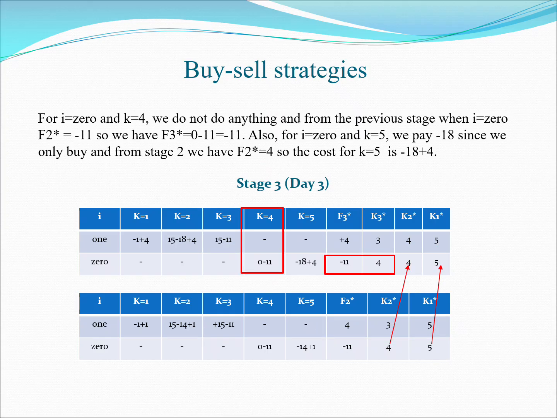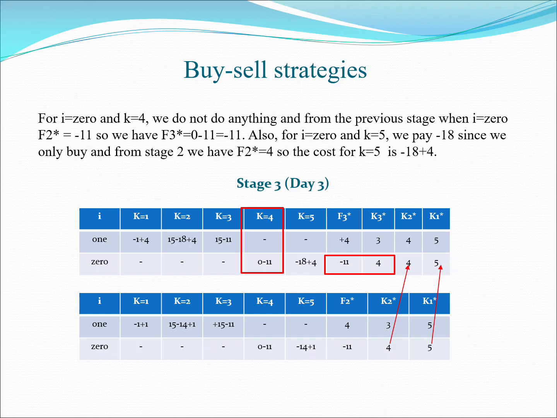For I equals 0 and k equals 4, we do not do anything. And from the previous stage, when I equals 0, f2 star equals negative 11. So we have f3 star equals 0 minus 11 equals negative 11.